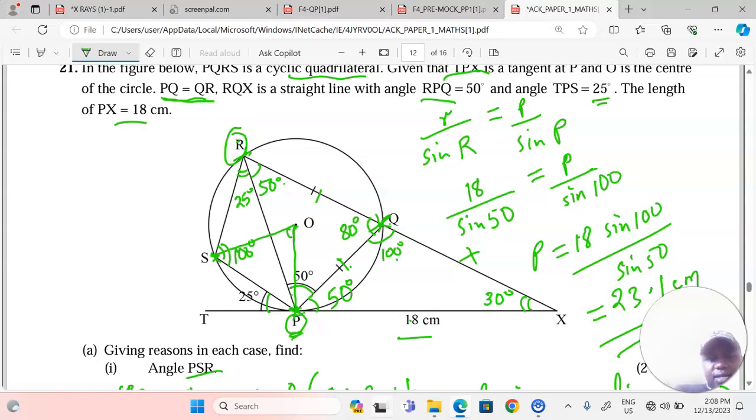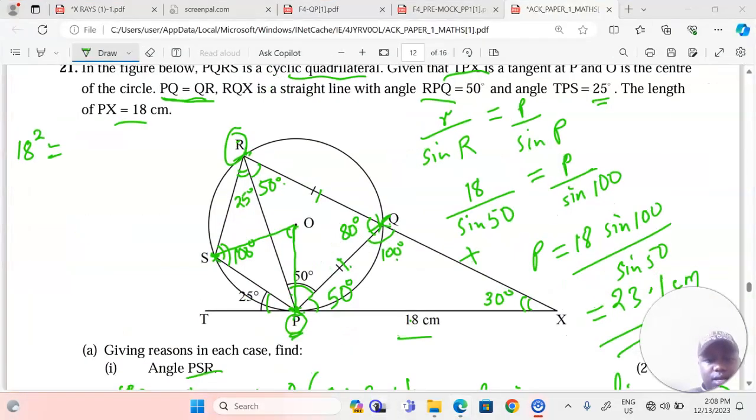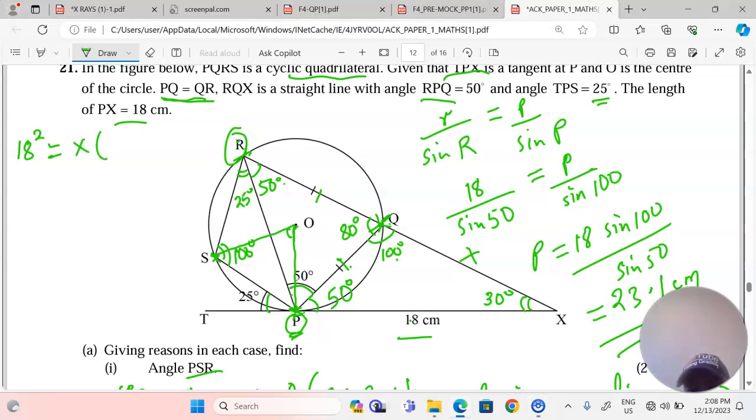Then we relate it together with the tangent PX. So 18 squared is the same as the portion which is outside, x, multiplied by the total length, which is 23.1. The outer length times the total length, then they are the same.